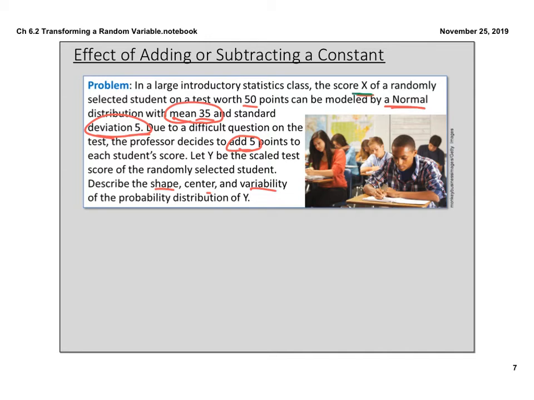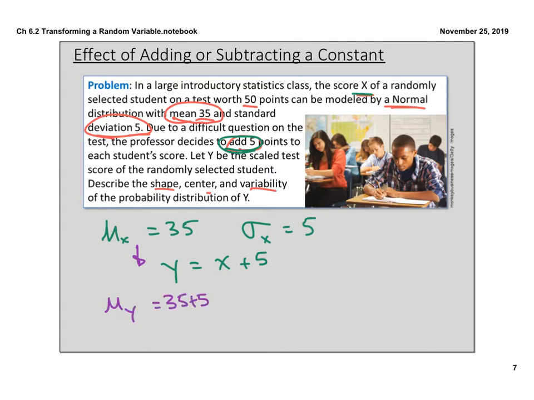And that's our variable X. So the mean of X is equal to 35. Standard deviation of X is equal to 5. Okay. I want to add 5 points. So my Y is going to be my X plus 5, which means that's going to turn the mean of Y into 35 plus 5, which is 40.